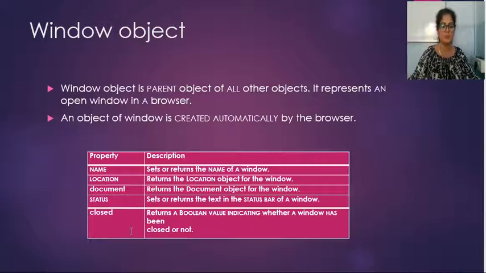Next is closed. It returns a boolean value indicating whether a window has been closed or not. For example, when you click on the close button on the window, this property tells whether a window has been closed or not. So these are very simple properties of window object, and you have to remember the names of all these properties.